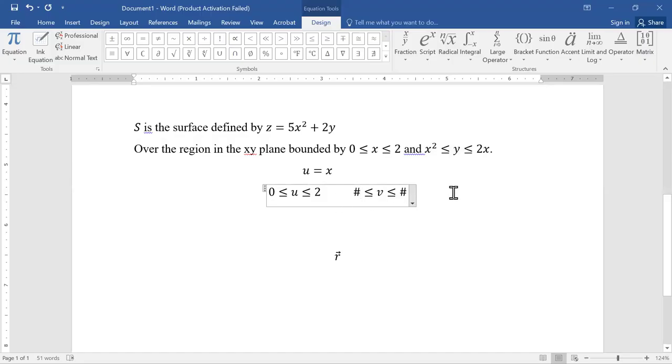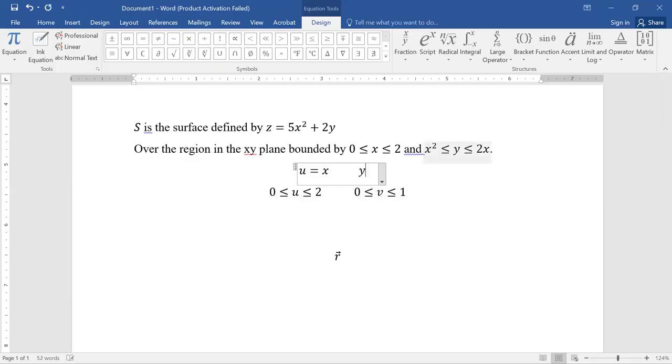So here's what we do. In a case like this, it's often nice to know that our numerical bound will be set to be between 0 and 1 for v. And what we want is when we plug in a v of 0, we want to get x squared.